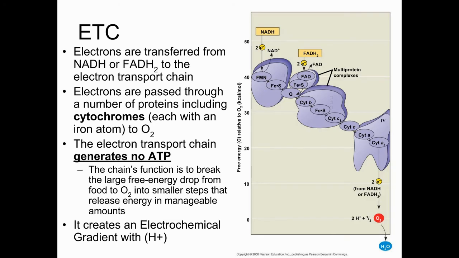This is showing kind of all of the different proteins that are involved in this process. There's ferredoxin, there's cytochrome A, cytochrome C, cytochrome B, right? There's all these different things. Don't memorize these words. The only thing you need to know is that in the electron transport chain, proteins can be referred to as cytochromes.